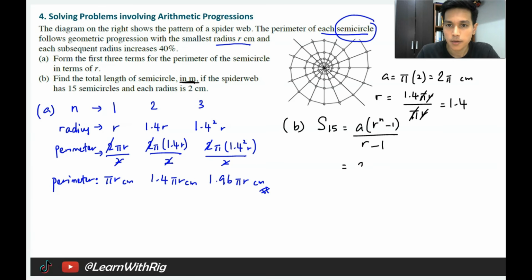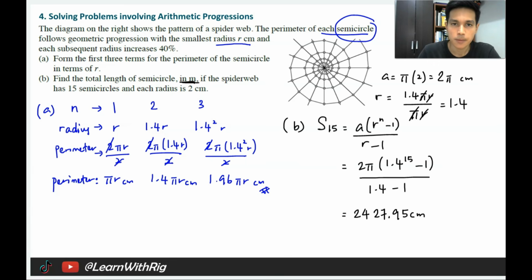So A is 2 pi, r is 1.4 power 15 minus 1 divided by 1.4 minus 1. So just type into your calculator, you should get 2427.95 cm. But one thing, they said give your answer in meters. So you change this into meters and you round it up, you should get 24.28 meters. Okay, so this is how you solve this kind of questions.